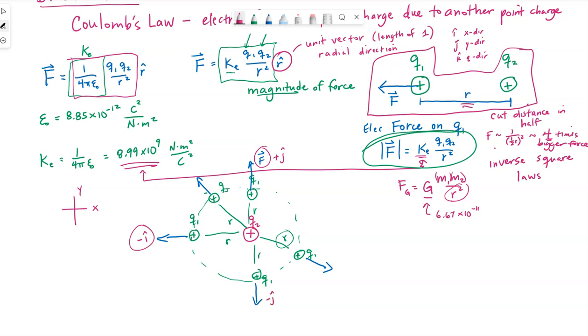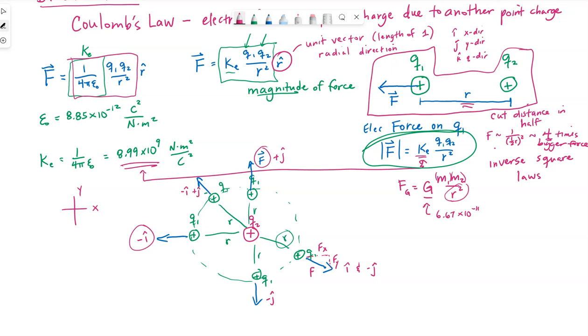But this would have an x component and a negative y component, meaning we would need to break this force down into x and y components in order to figure out how much of the force points in the x direction and the y direction.